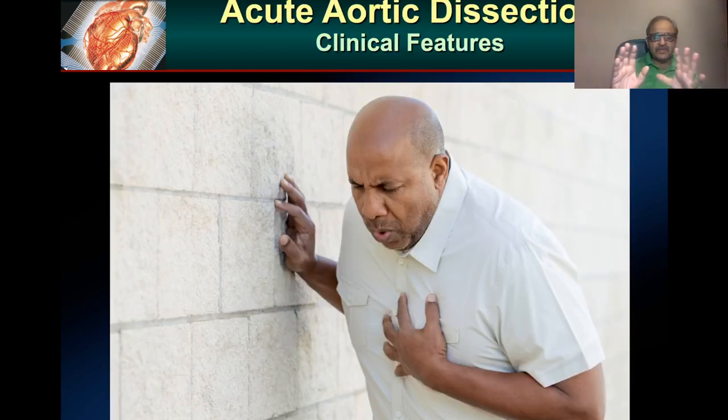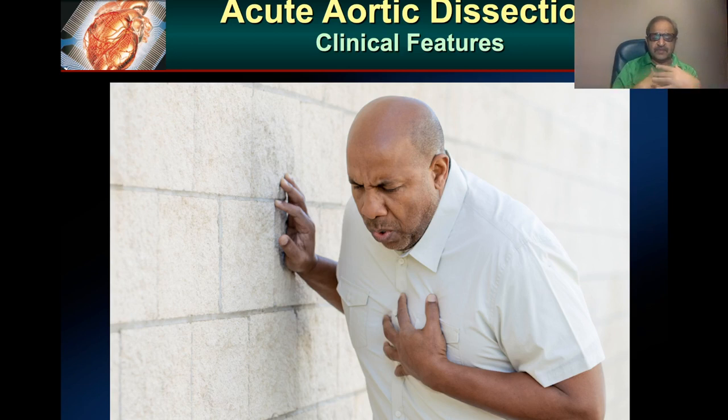The patient with aortic dissection presents to you with severe chest pain, mainly retrosternal, and the patient uses words like stabbing, a sharp object pushed into the chest, severe chest pain, which rises quickly to the peak and is persistent.